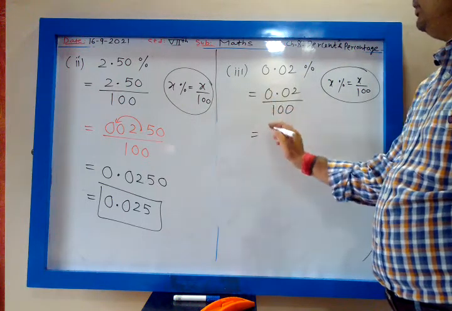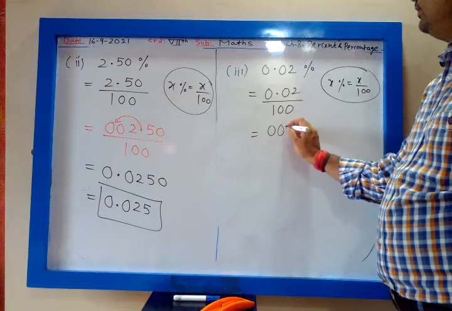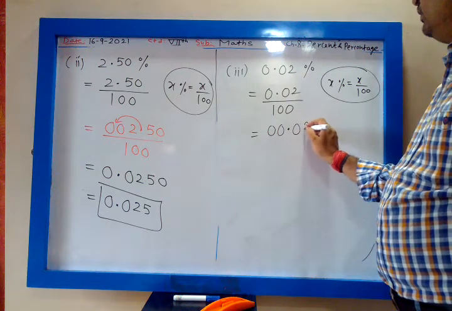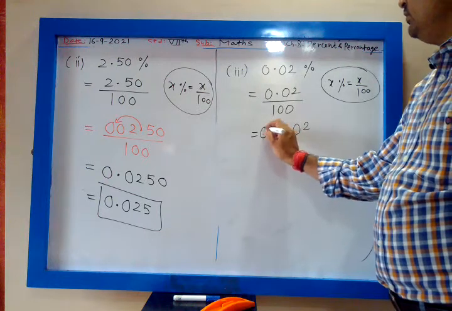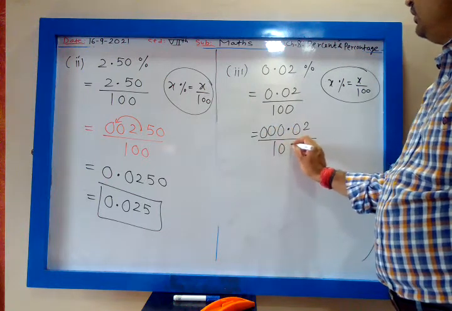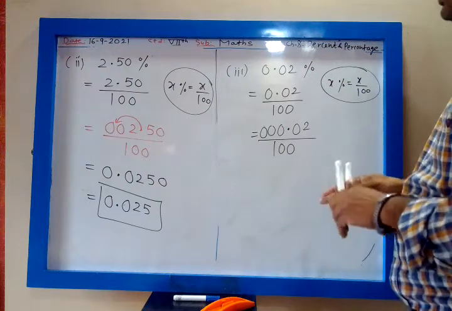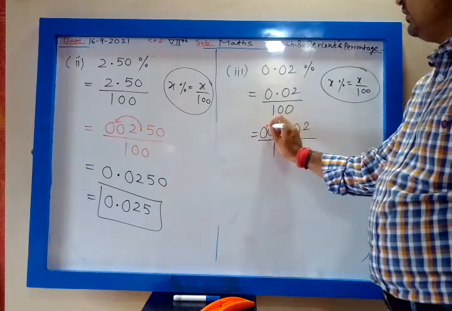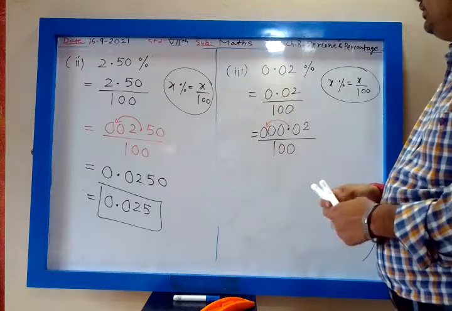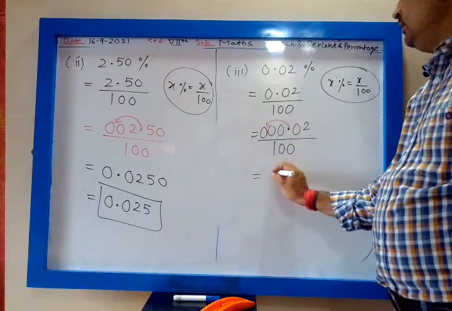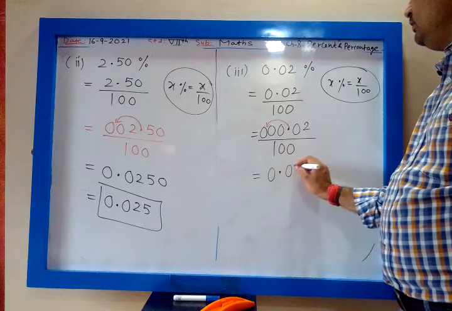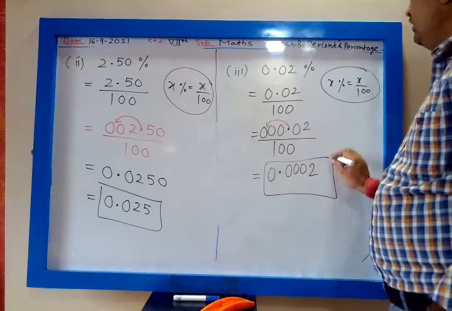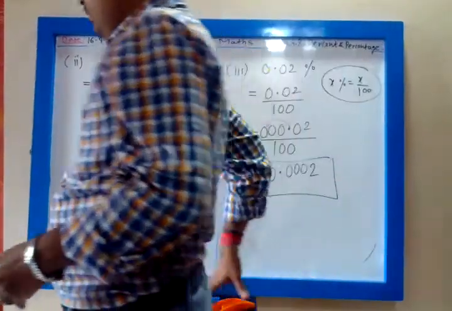Before 0 you can add as many 0s. 0.02, you can add one more 0 upon 100. Now there are two zeros in the denominator. Shift two decimal places. Answer will be 0.0002. Yes or no?